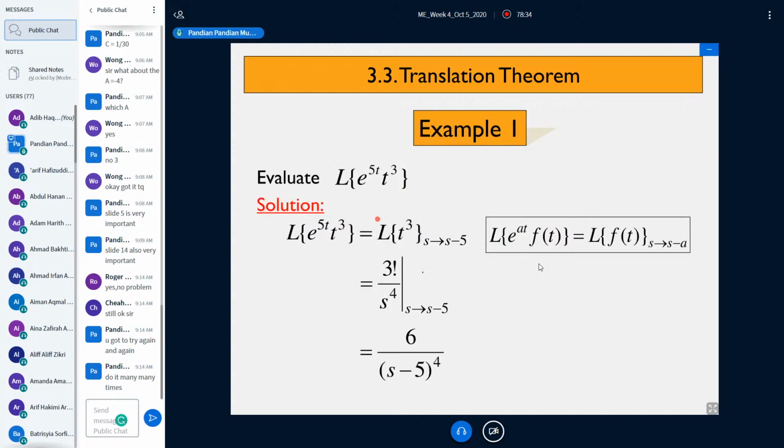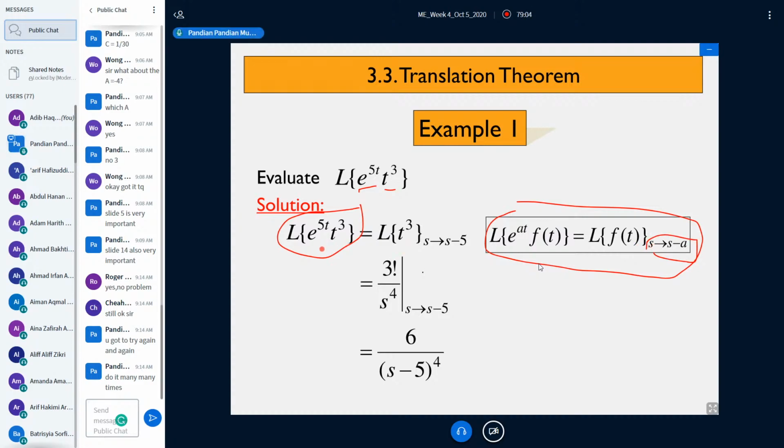Because you don't have e^(5t) only, you have e^(5t) t^3. So Laplace of e^(5t) multiplied by t^3. For this, we must use the translation theorem. The translation theorem says Laplace of e^(at) f(t) is Laplace of f(t), but s becomes s minus a.